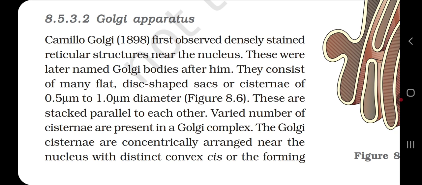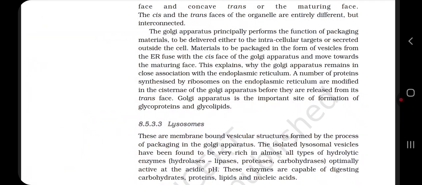The Golgi cisternae are concentrically arranged near the nucleus with a distinct convex cis or the forming phase and concave trans or the maturing phase. The cis and the trans phases of the organelle are entirely different but interconnected.